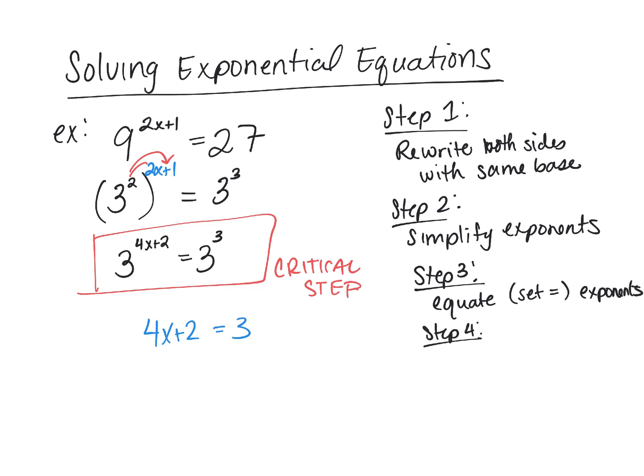Step 4, can you solve that equation? Yes, solve. How do we solve that? Subtract 2 on both sides. Subtract 2, 4x equals 1, divide by 4, and x equals 1/4.